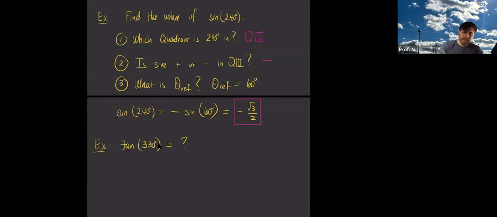First, figure out where is tangent. The 330 degrees is in what quadrant? 1, 2, 3, or 4?